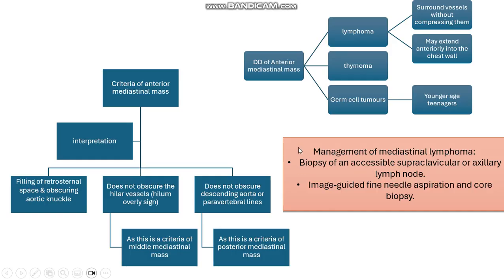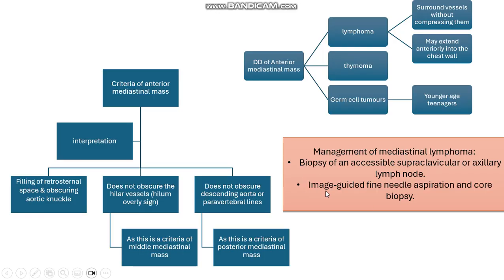How to manage a case of mediastinal lymphoma? Okay, try to find an accessible lymph node, like supraclavicular or axillary lymph node, and try to take a biopsy or try to perform a nodal biopsy of any accessible lymph node. What about if there is no accessible lymph node?